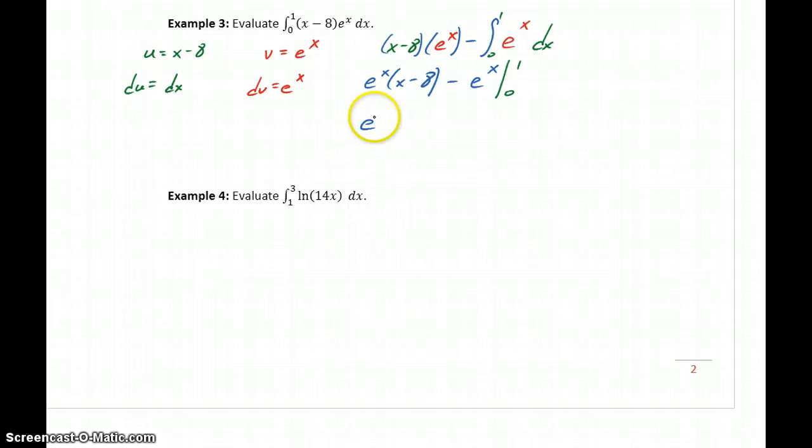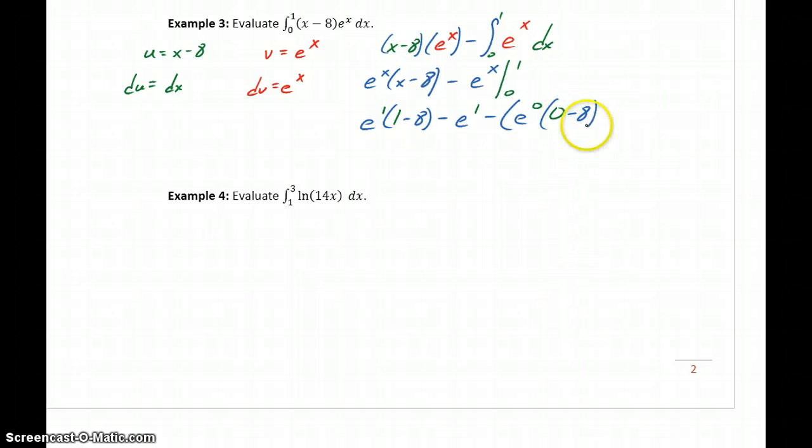So this will become e to the first power times 1 minus 8, minus e to the first power, and then we'll subtract e to the 0 times 0 minus 8, minus e to the 0.